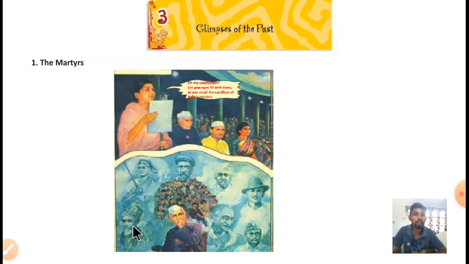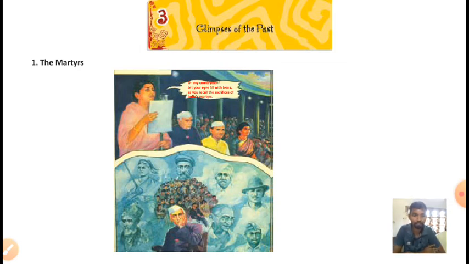On top of the picture of the martyrs, you can see a lady singing a song at a function in Delhi. I think most of you know her by looking at the picture. She is Lata Mangeshkar.